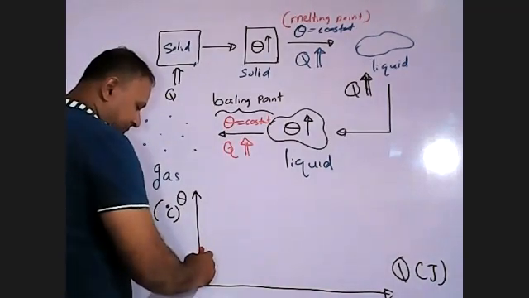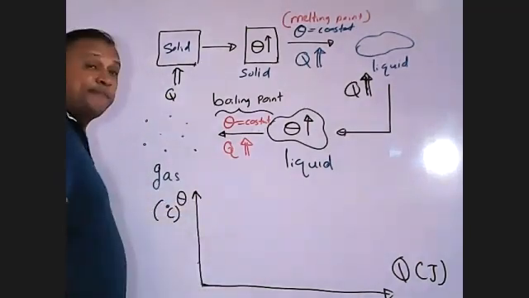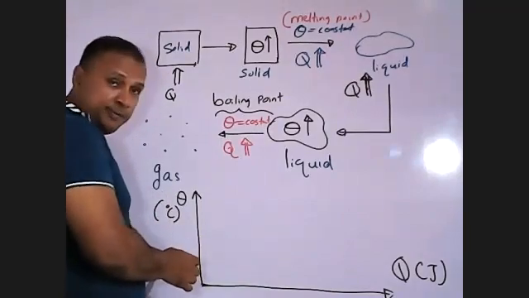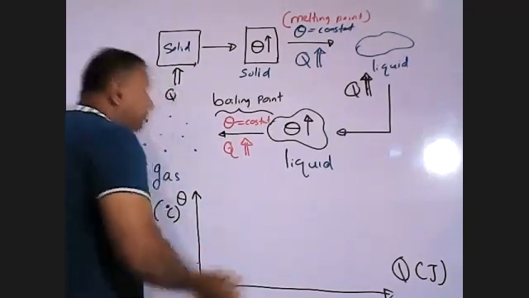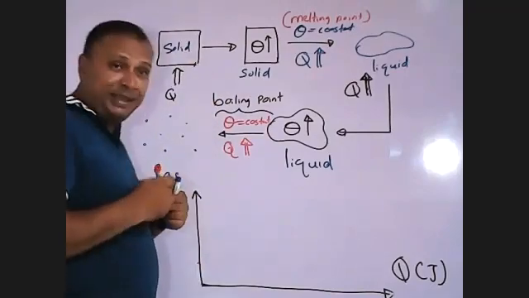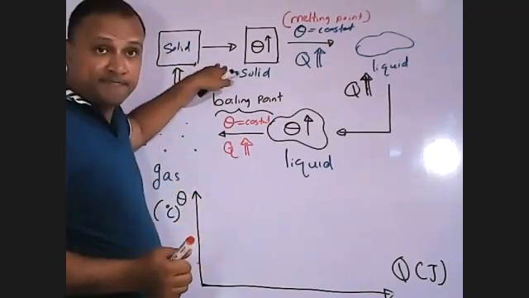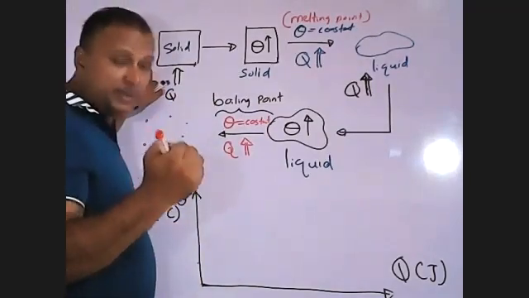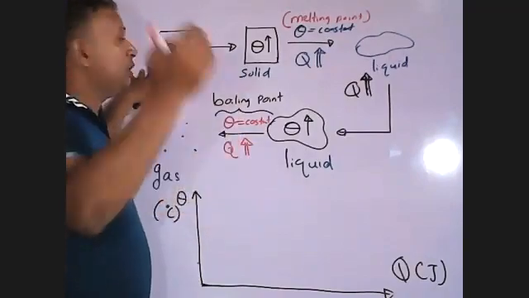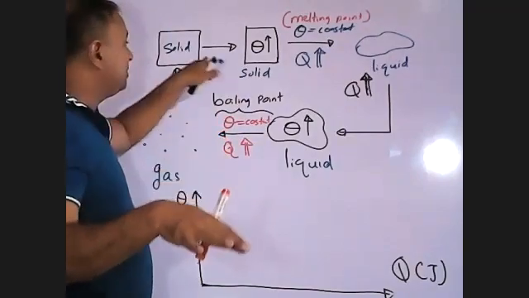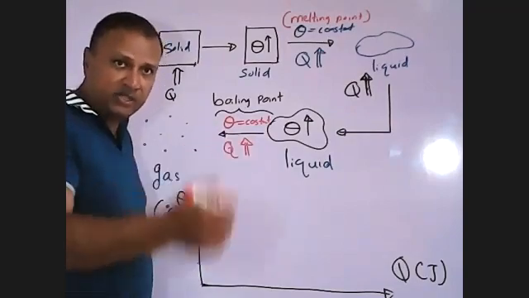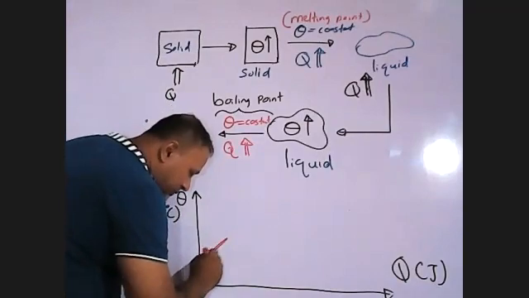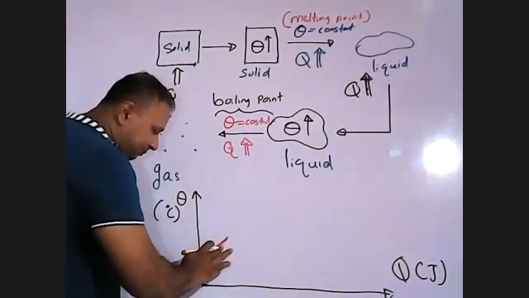So initially, when heat is applied to this solid material, what will happen? The supplied heat is absorbed as kinetic energy. The supplied heat is used to increase its kinetic energy. Due to that reason, the temperature of that solid material increases up to some certain point.